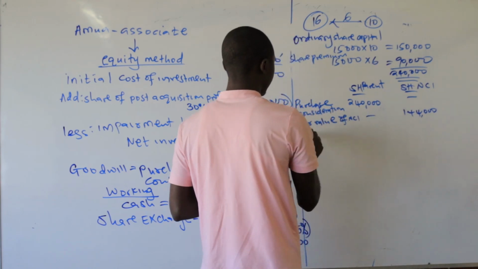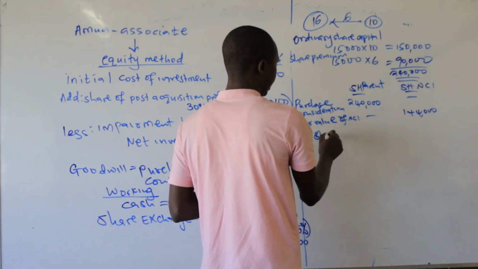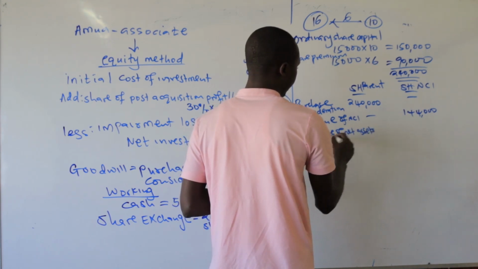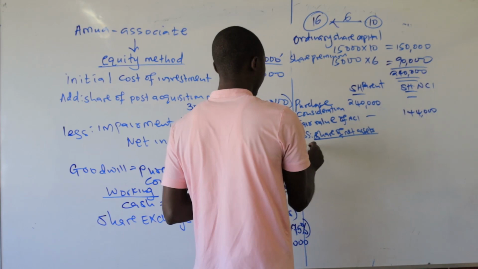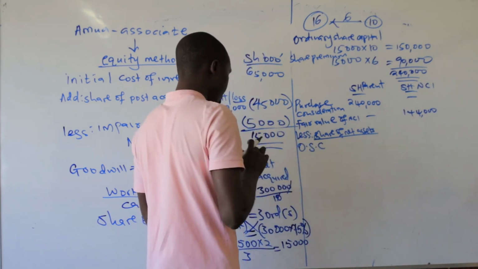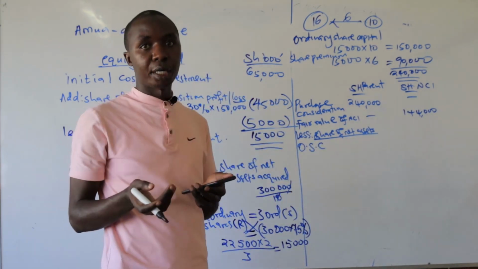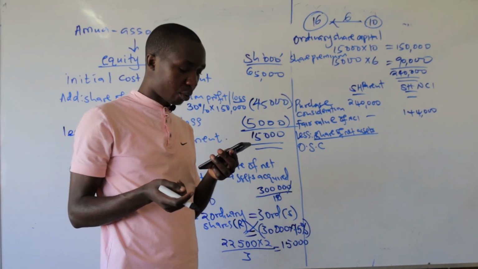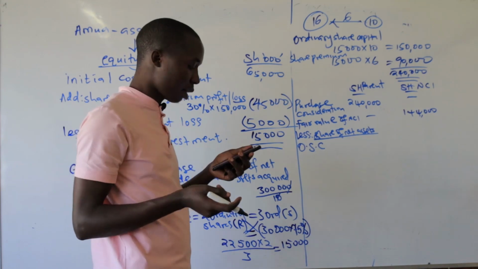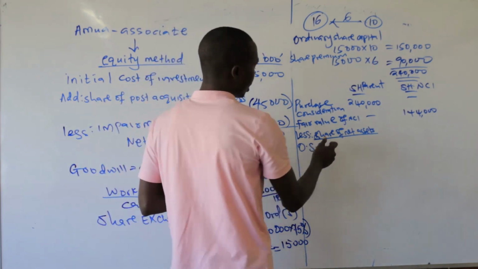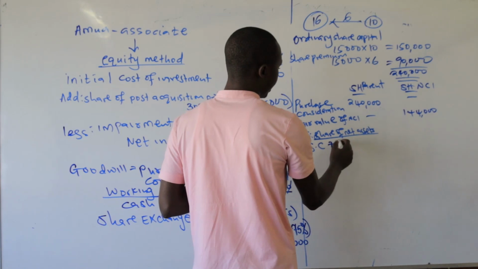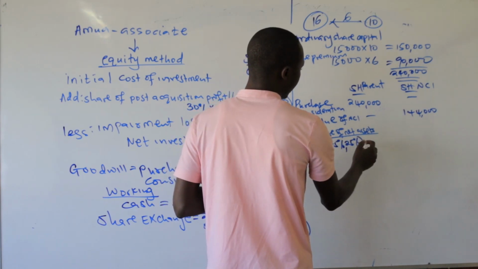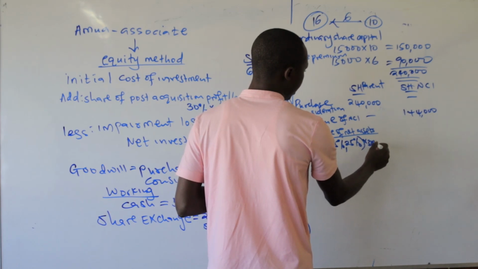Then after that, we raise the share of net assets. The share of net assets has an equity component, that is the ordinary share capital. We check in the statement of financial position, where the ordinary share capital is 300,000. So we say 75% and 25% of 300,000.